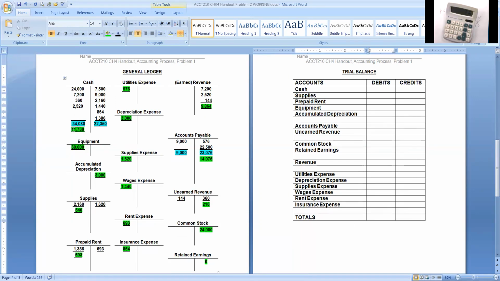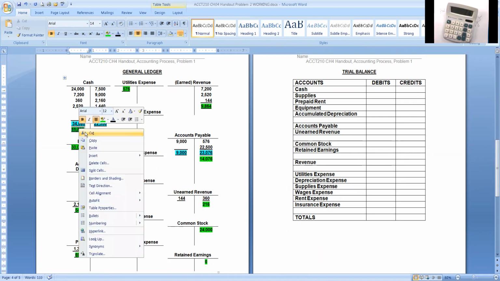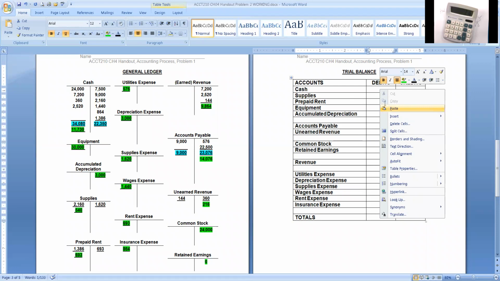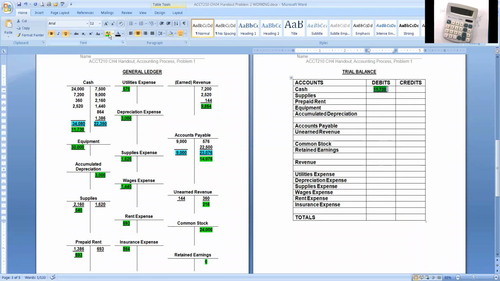Okay, so what we're going to do is take each of these and move them over. So cash, copy my cash. Now make sure you get the debit and credit right. I might just retype those. If you didn't do the goofy stuff like I did, you may want to just do that. Okay, so supplies are 540. Oh, I know what I can do.